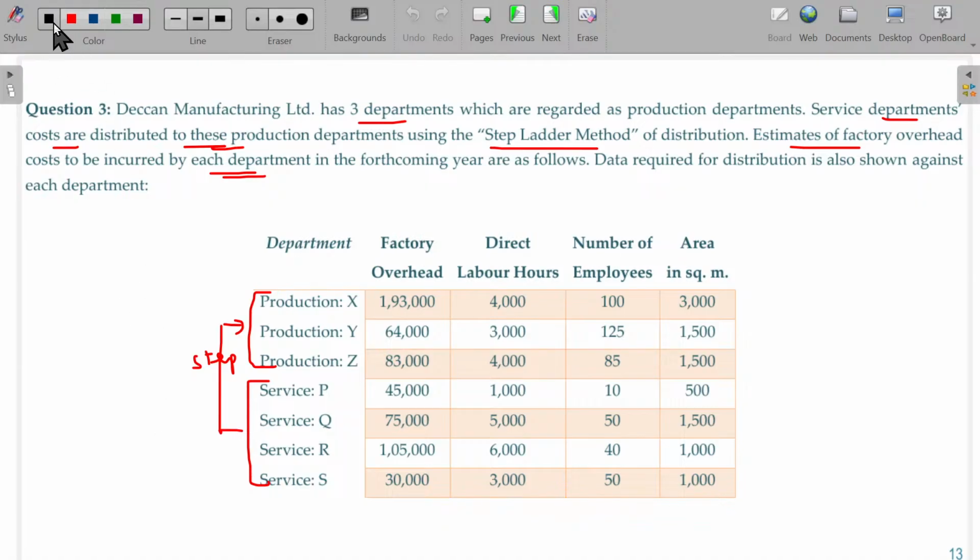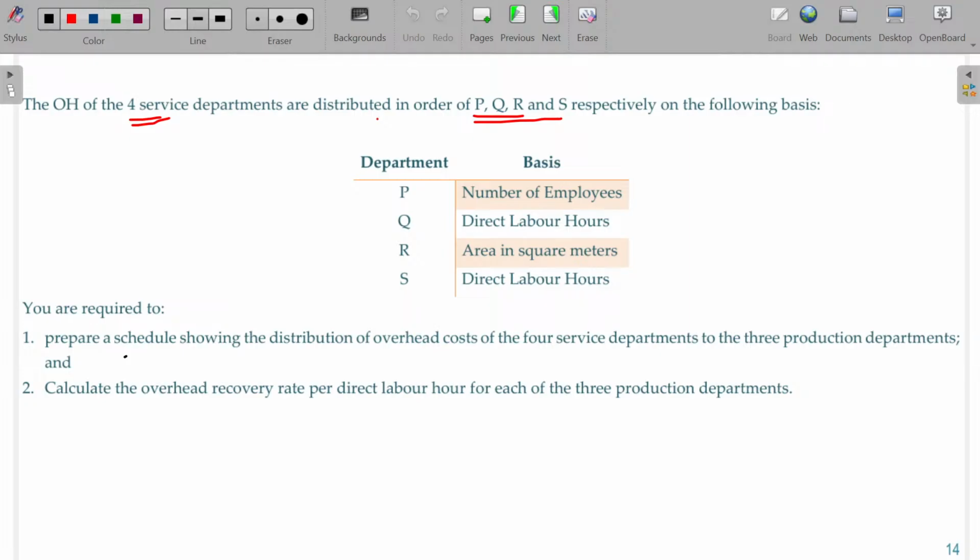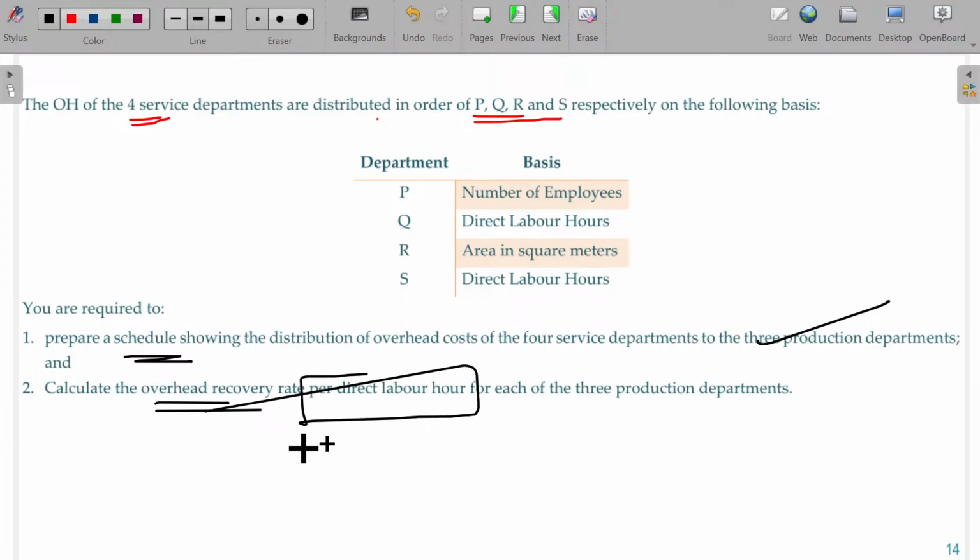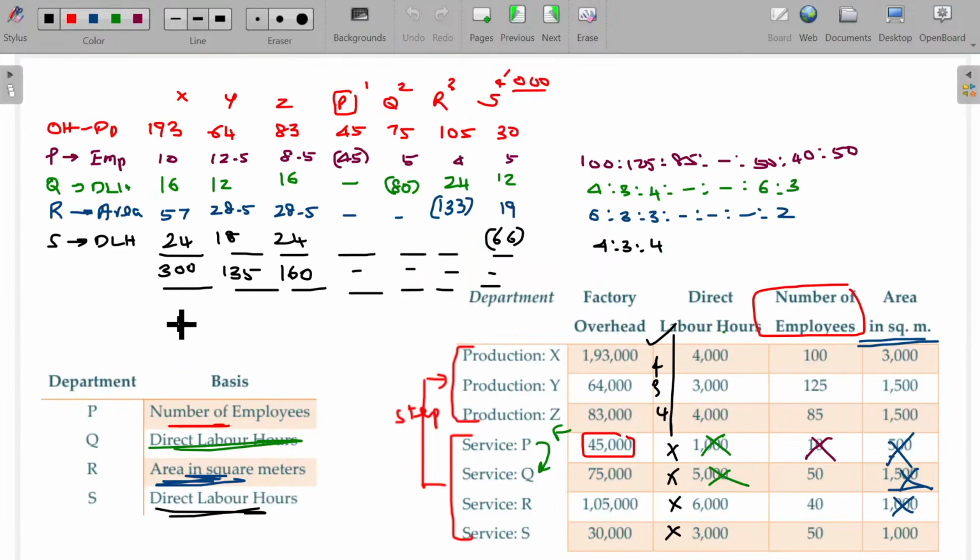Now, see here. What more is required? Prepare schedule. This one is over. Calculate the overhead recovery rate per direct labor hour. So this is the base. Using the base here to find out the overhead recovery rate. Direct labor hours for these three production departments are 4,000, 3,000, 4,000.